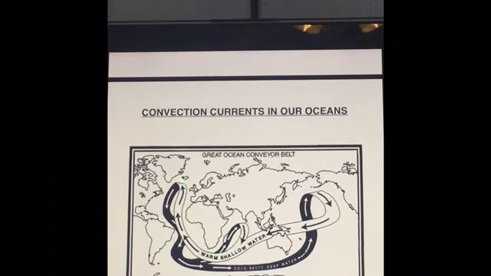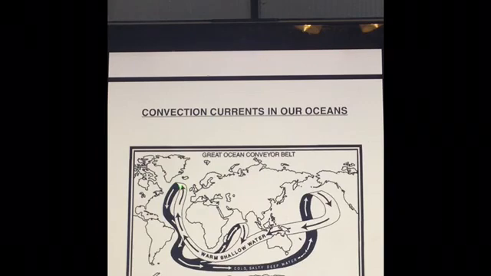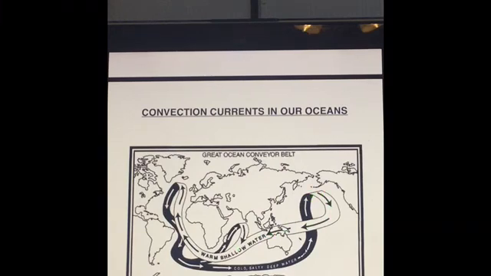And then as it comes to the top of the planet, up toward the Arctic, it cools off again, sinks to the bottom, comes back toward Antarctica, where this water is sinking also, travels back up, warms up, rises to the top of the ocean, travels around the world, sinks back down to the bottom, and this is how we get our currents in the ocean.